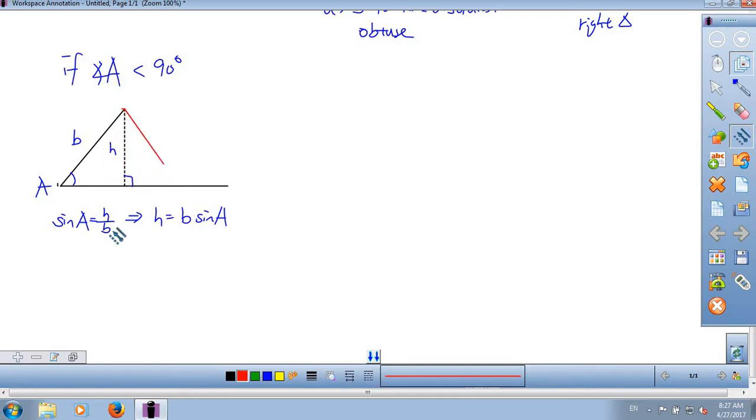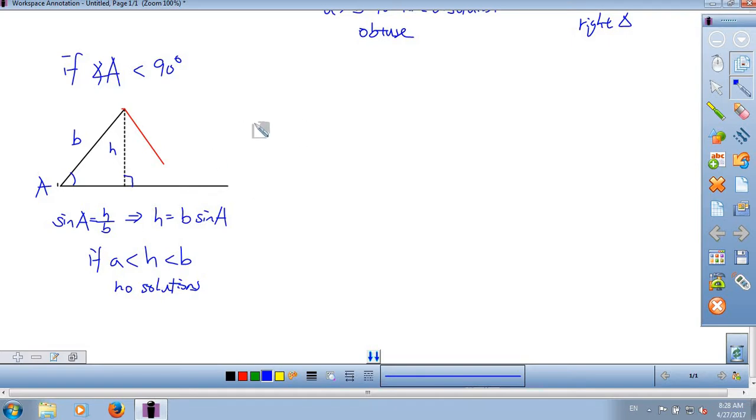There's nothing. So if A is shorter than H, and of course H has to be less than B, because the greatest value sine A can have is 1 at 90 degrees, which is not our case, then we have no solution, no triangle.